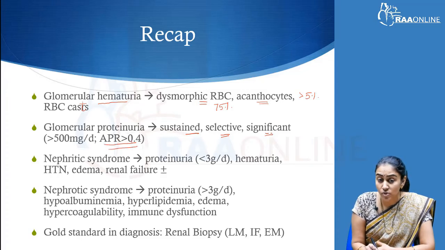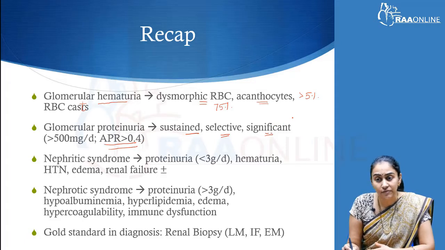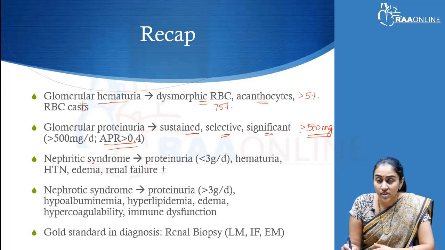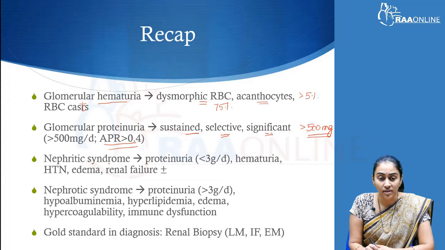The albumin protein ratio is going to be more than 0.4. And the proteinuria is significant, so more than 500 milligrams in a 24-hour urine sample. In benign or transient proteinuria, like with fever and exercise, the quantity of protein excreted in the urine will be less than 500 milligrams per 24-hour sample.